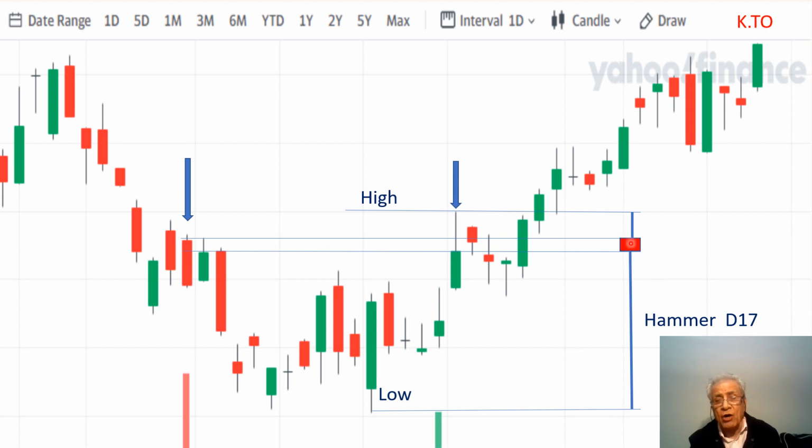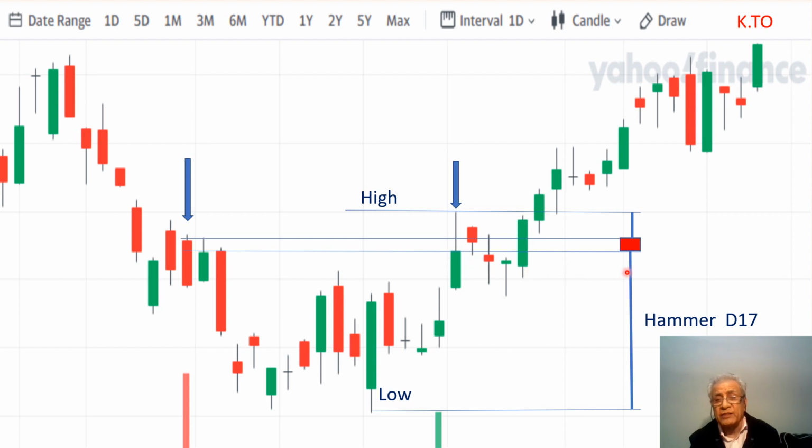hammer with a long lower shadow and a small upper shadow. That indicates that the bulls, or the buyers, have very strong power in the market, especially in this portion, and wanted to push the price higher. So this is representing 17 days of trading, and this indicates that the trend is going to go upward for sure.